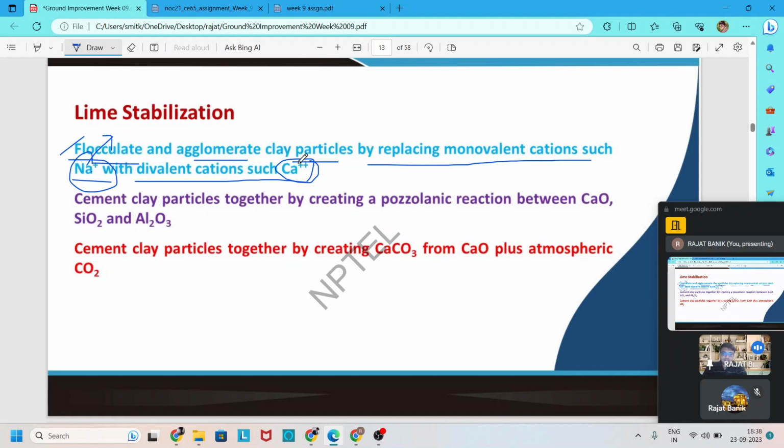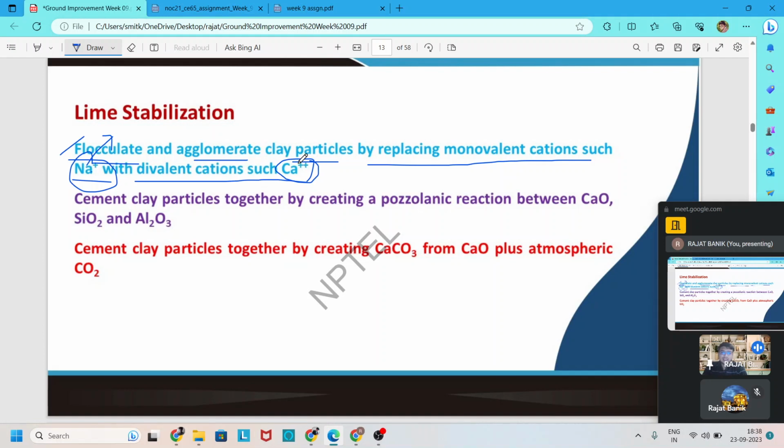Further, we already discussed that the silica and alumina react with the calcium and cementitious materials form. So it cements clay particles together by creating a pozzolanic reaction between the lime and the silica and alumina.